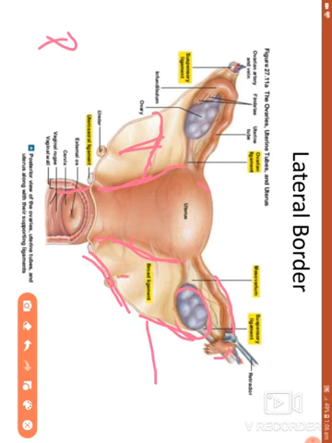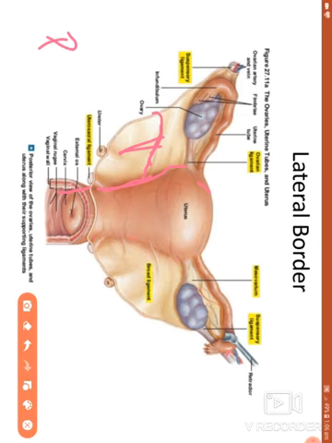The anterior layer continues superiorly and forms the upper border. That part is free; here the broad ligament is not attached anywhere, it is continuous. That's about the features of the broad ligament.